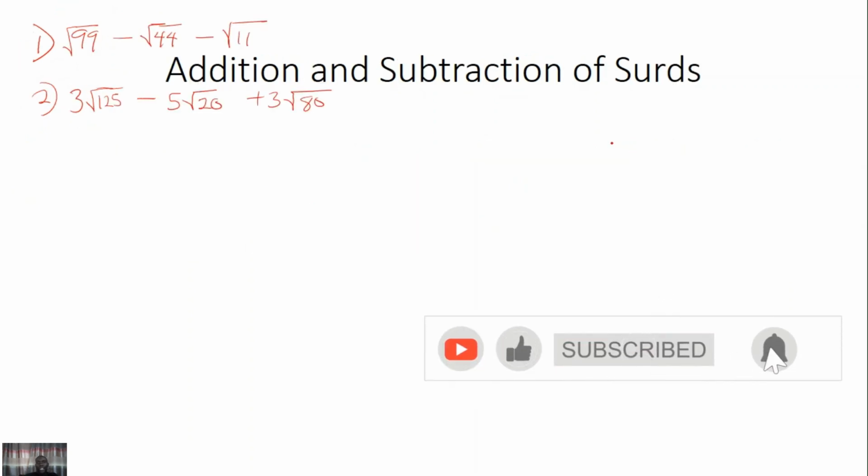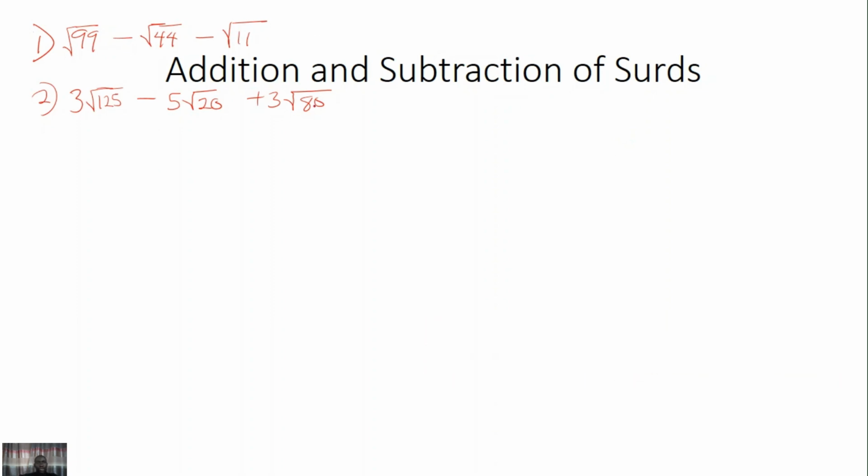Let us talk about addition and subtraction of surds. There are rules for addition and subtraction of surds. You can only add or subtract surds if the roots... let's say you have an expression a-th root of b, okay, and another expression c-th root of d, okay.